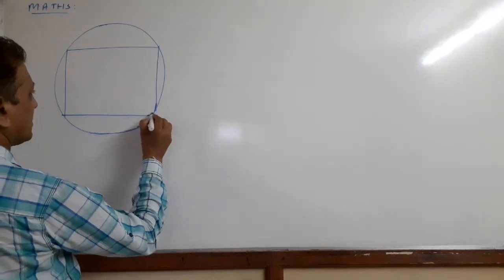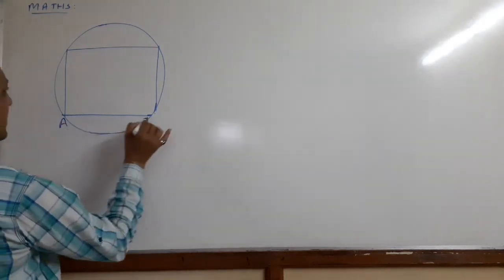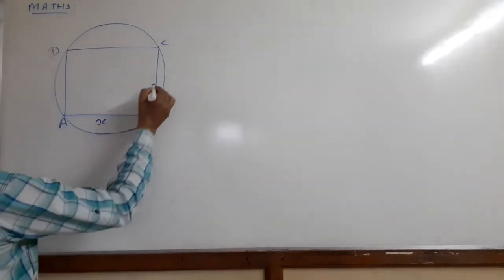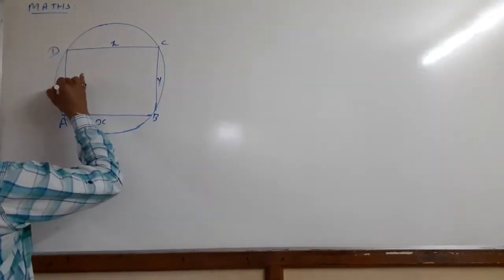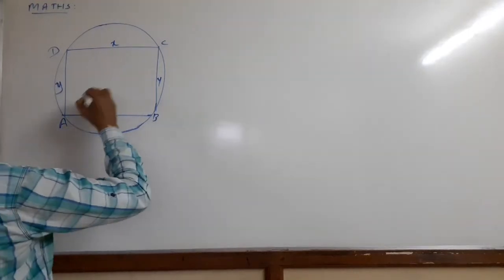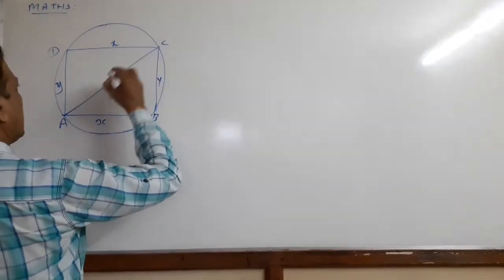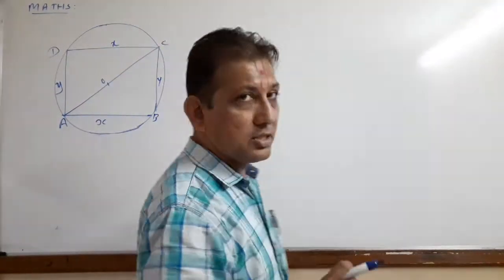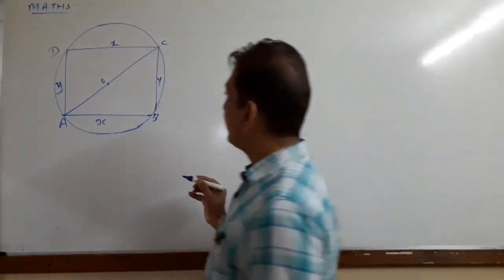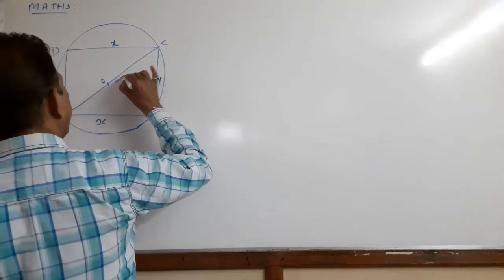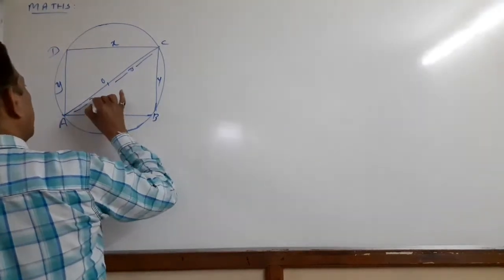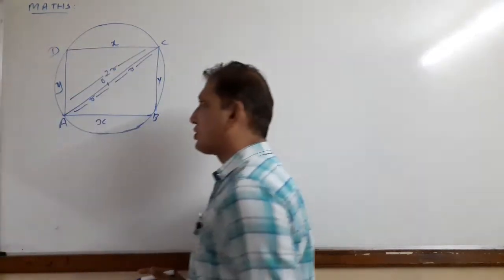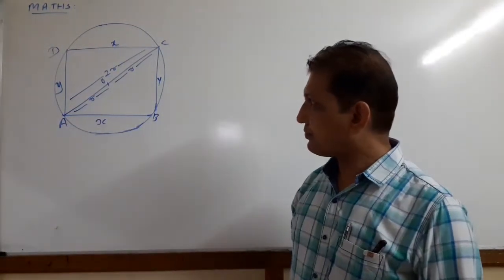Name it A, B, C and D. Its length is X, breadth is Y. This is your diagonal and the center of the circle is O. This is your radius, and the diameter is 2 times the radius.